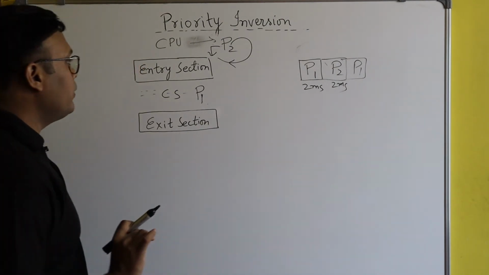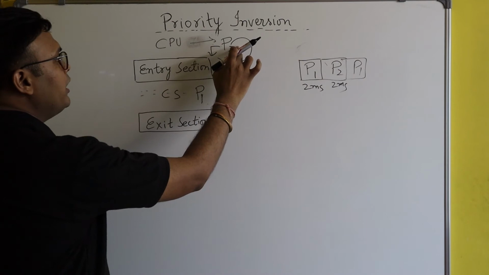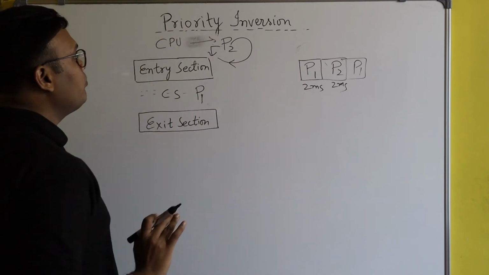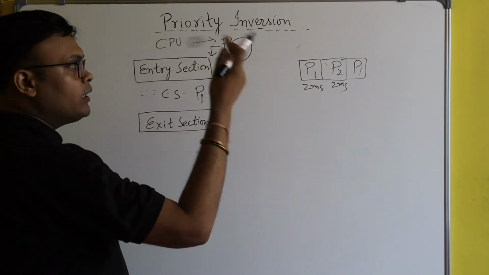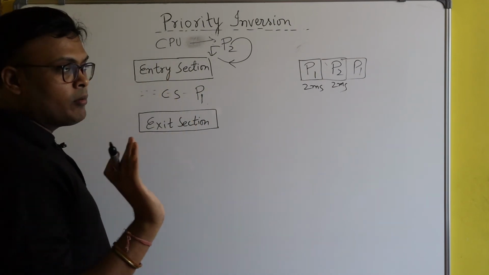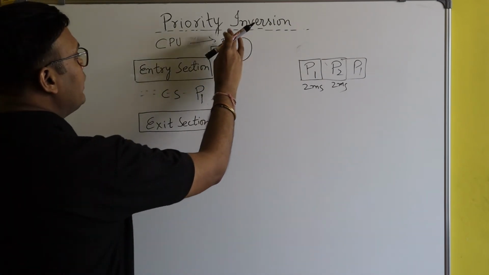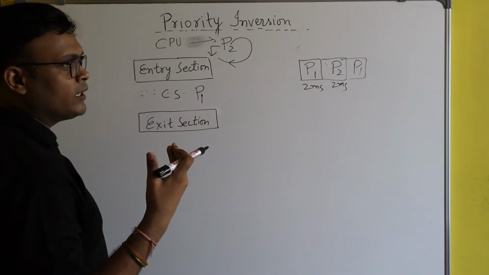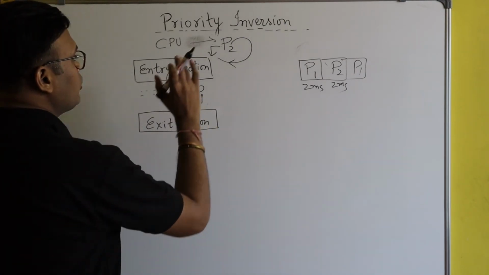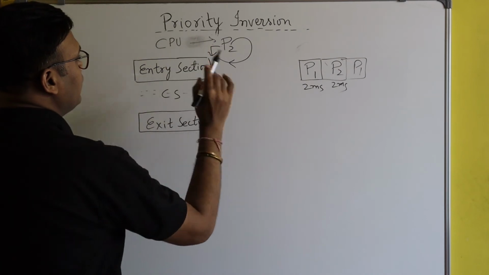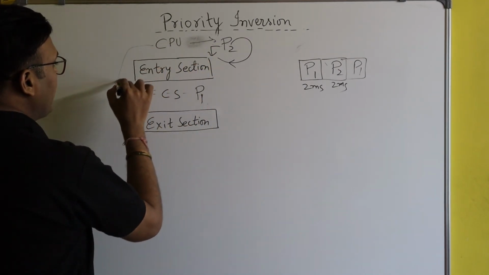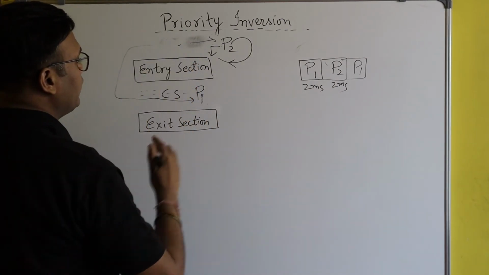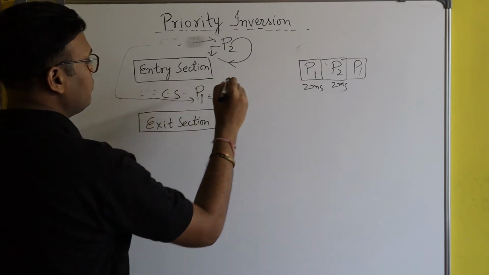Even if P2 has higher priority than P1 and has snatched the CPU from P1, it will take the CPU for only some amount of time, say 1 or 2 milliseconds, whatever the time quantum is. After the expiry of the time quantum, the CPU will be given back to P1.